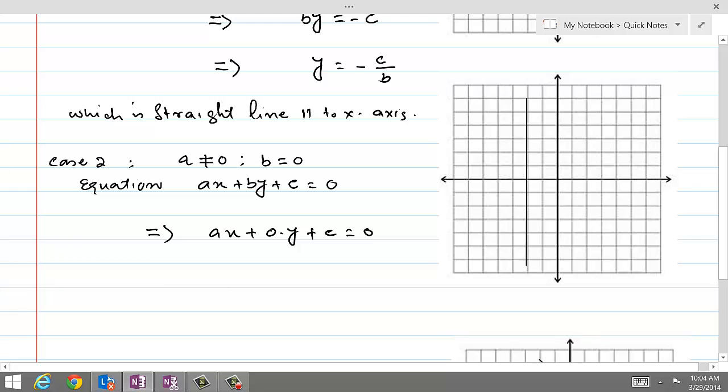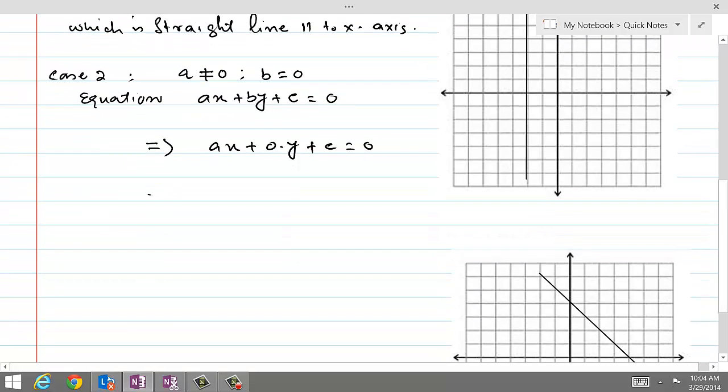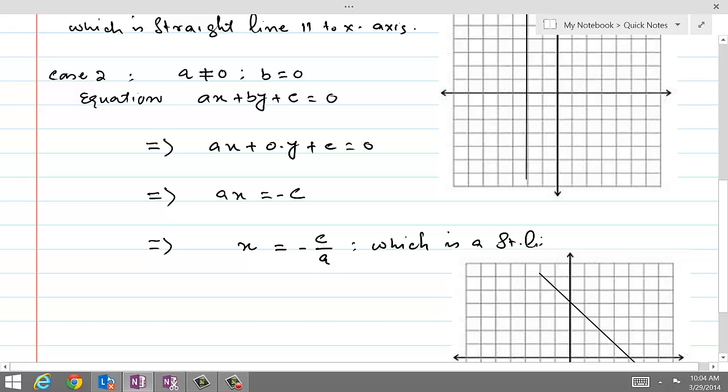So this will give us ax equal to minus c, means x equal to minus c over a, which is a straight line parallel to y-axis.